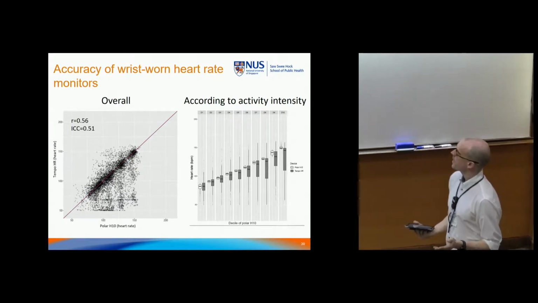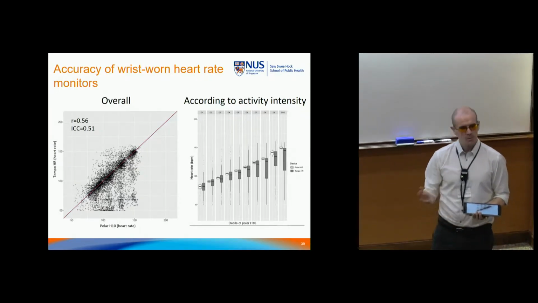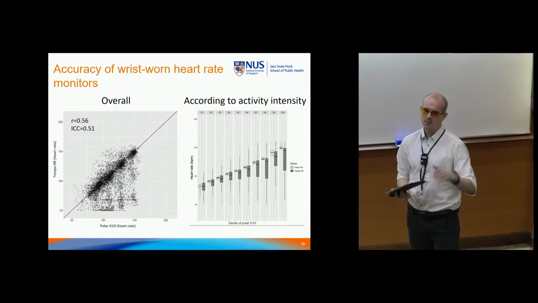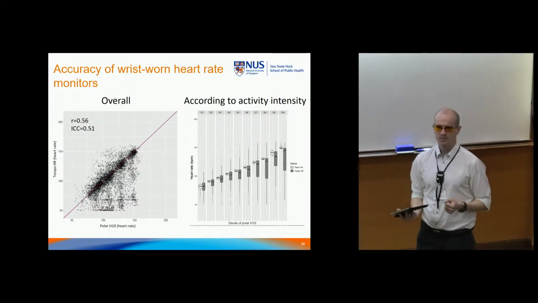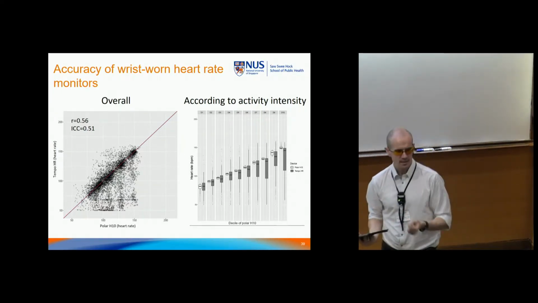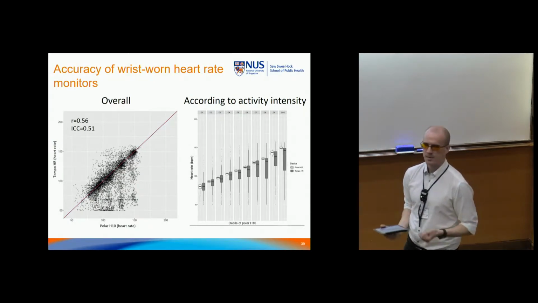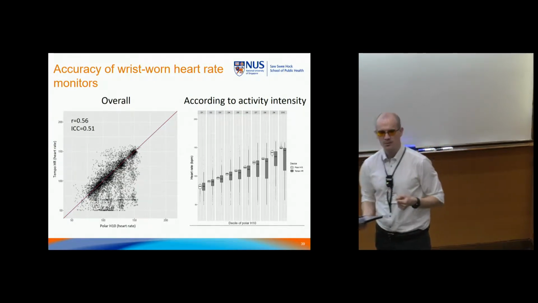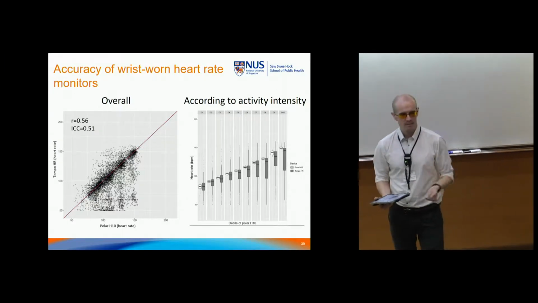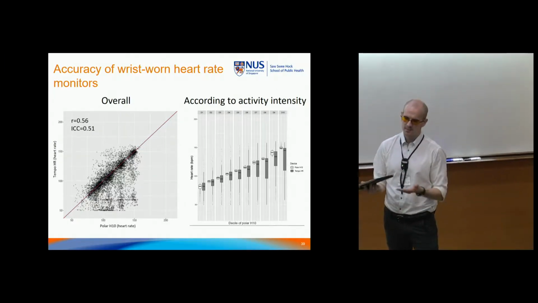So in the normal heart rate zones, between 60 and 80 or so, there's pretty high agreement actually. But when you move up to higher heart rate zones, it really becomes a larger difference.